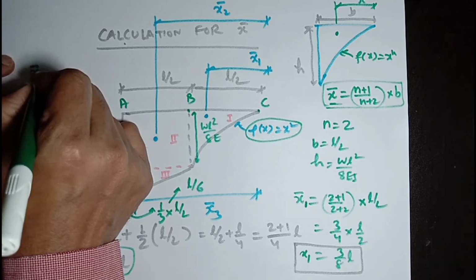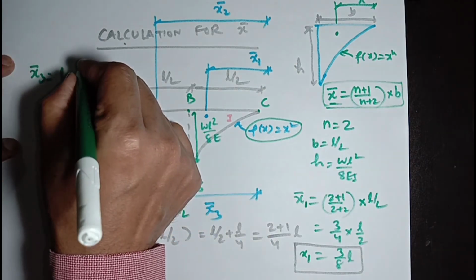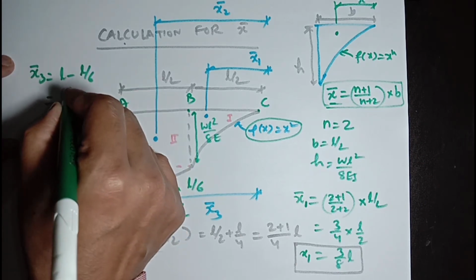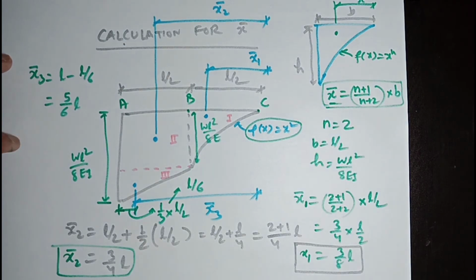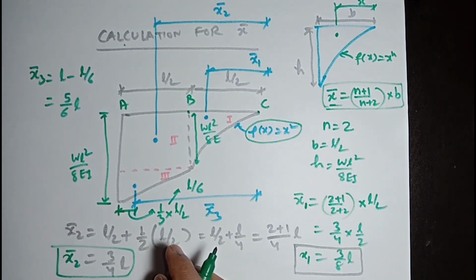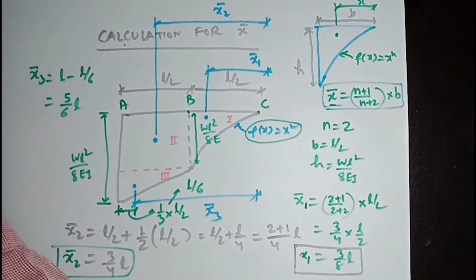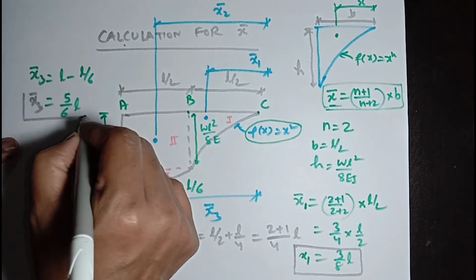So x3 bar will be L minus L by 6, which will be 6 minus 1, which is 5 divided by 6L. So the centroid of this triangle will be 5 by 6L. Here I am done with the calculation for x1, x2 and x3.